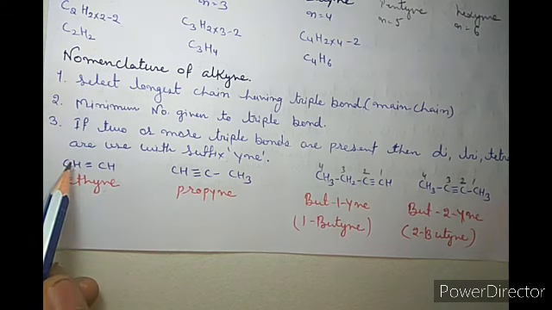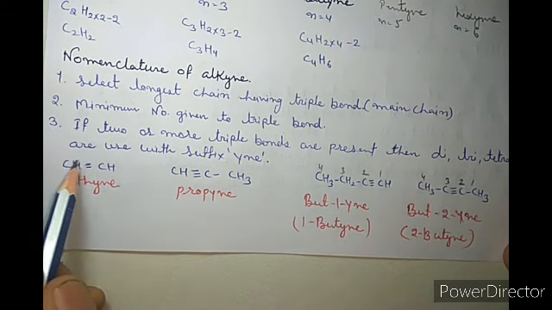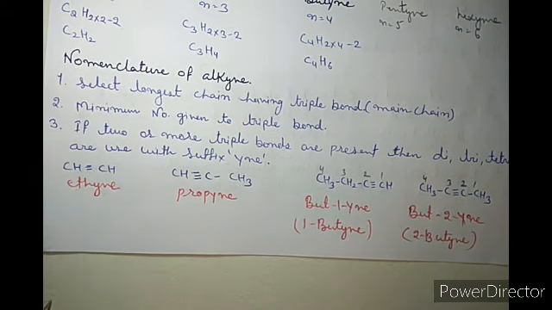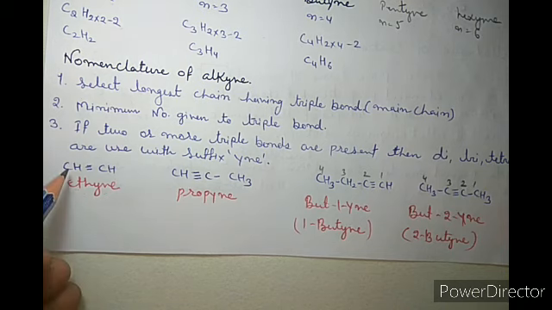Because from any side you start, the triple bond gets the first position, so it doesn't matter. We use numbering to distinguish the position, but here it is always on the first, so there is no need to use 1 or 2.